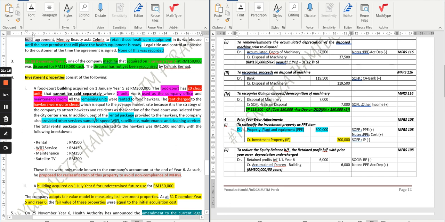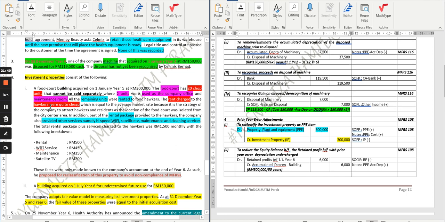And if you read this, you would notice that these are under PPE function, where you are talking about providing service in the ordinary course of business. So if that is the case, it looks like this is not going to be an IP. This is a PPE. So even the 18 units, they are functioning like a PPE, since the rental expenses that were collected from the hawkers were just very cheap.